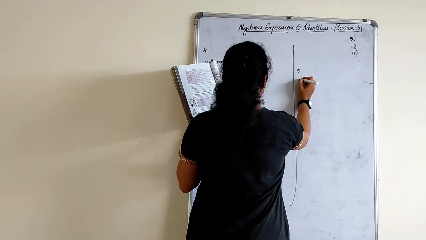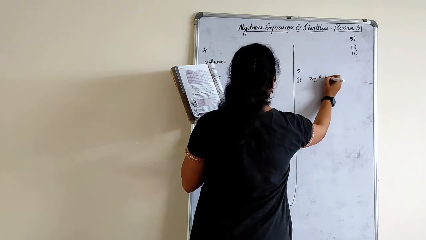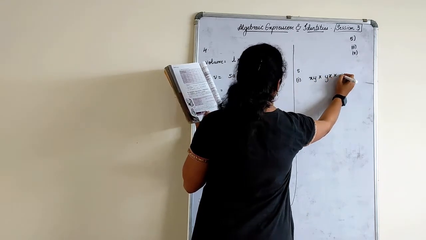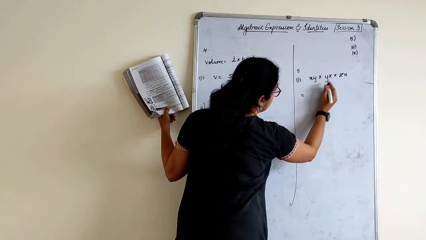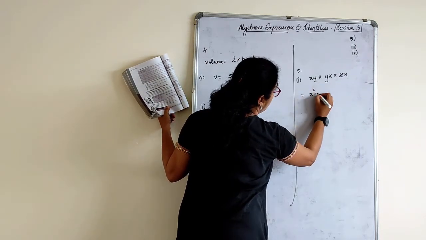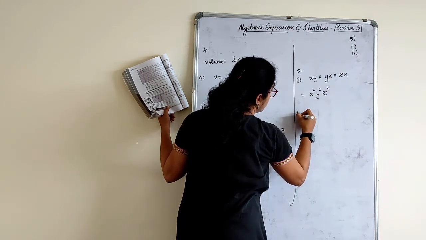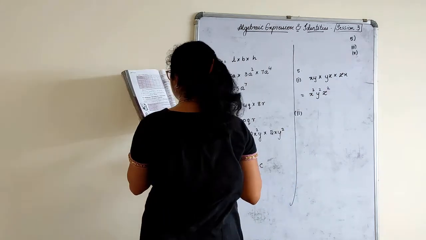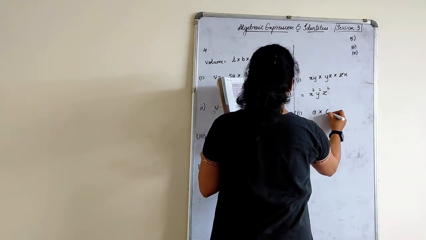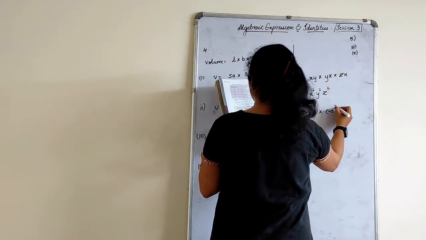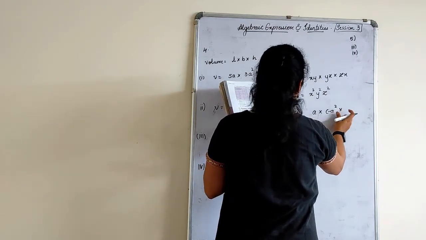Fifth one, first one, find the product they have given. xy into yz into zx. X how many times? 1 time, 2 times, x square. Y 2 times, z 2 times. That's the answer.